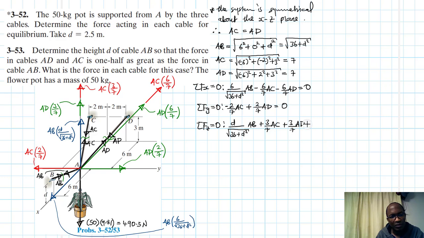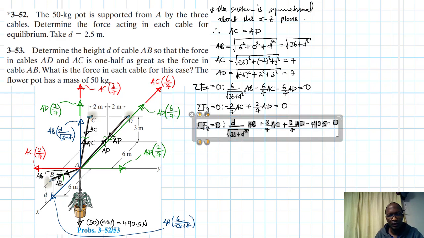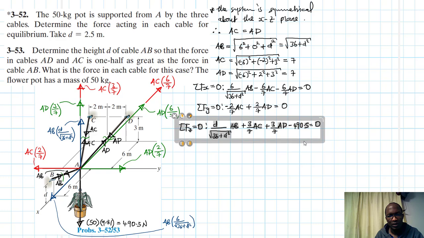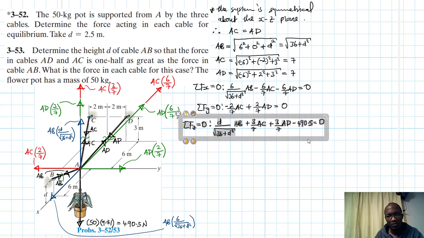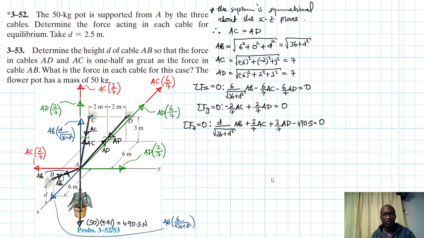Then we have a minus 490.5 equal to 0. There we go. I just move it a little bit back like so. Alright, so we have all these equations.